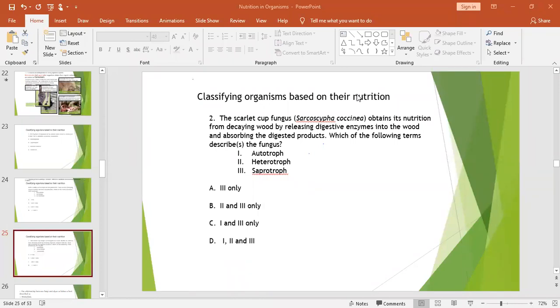Why do you think it is not a heterotroph? It's because it does not make its own food. Heterotrophs feed on already made food.